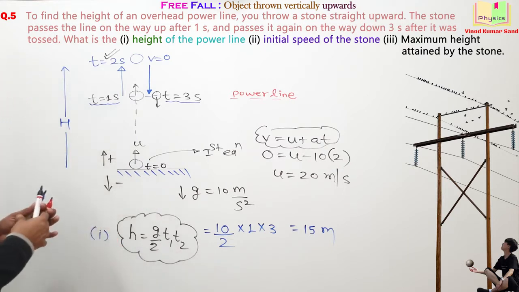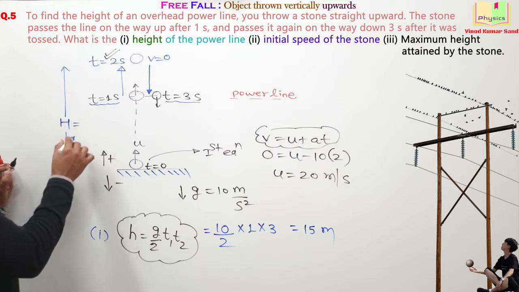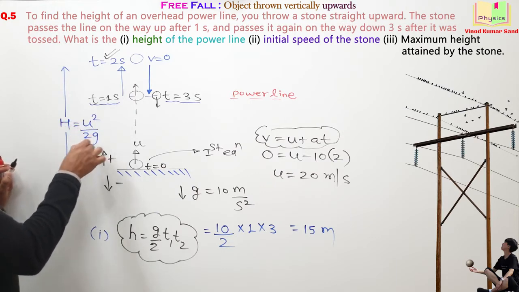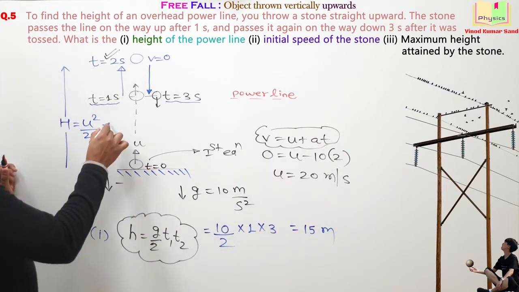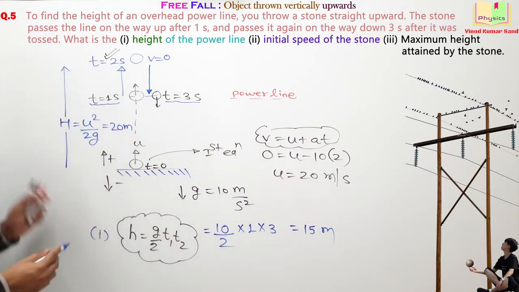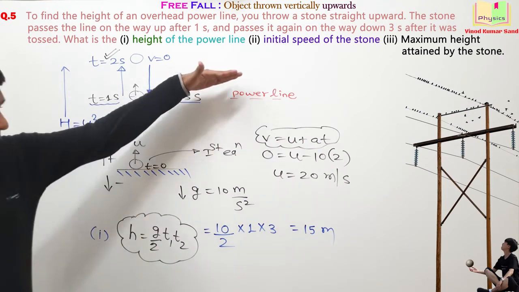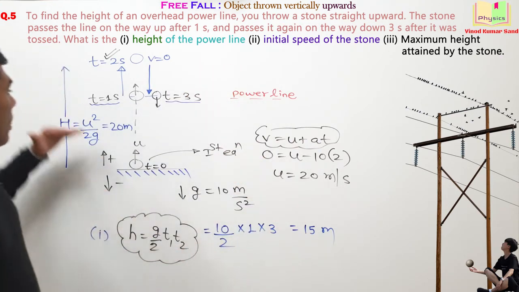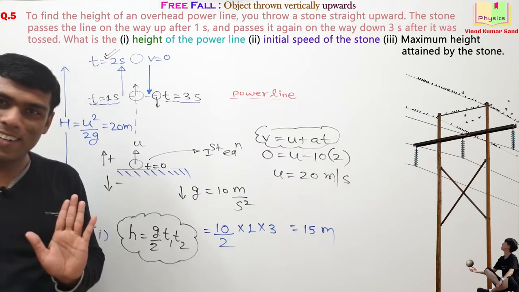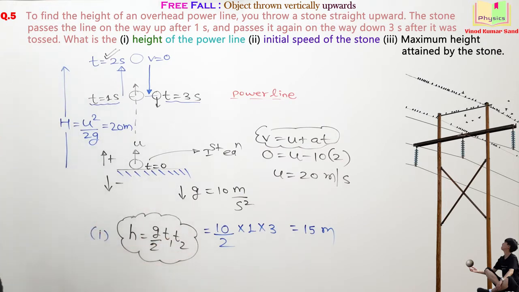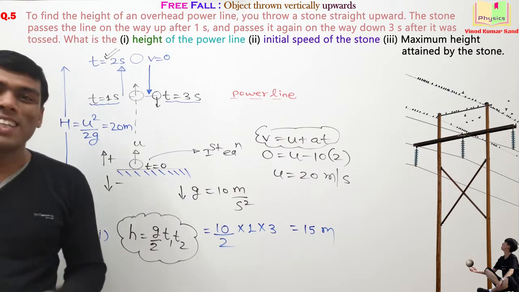And now we can easily compute this maximum height of the stone, which is equal to u square by 2g. Value of u is already available, so answer comes out to be 20 meter. The power line is at a height of 15 meter and the stone goes 5 meter above that power line. Okay, simple and nice question. You can note it down, then we'll go further.